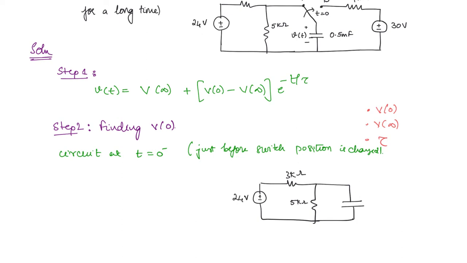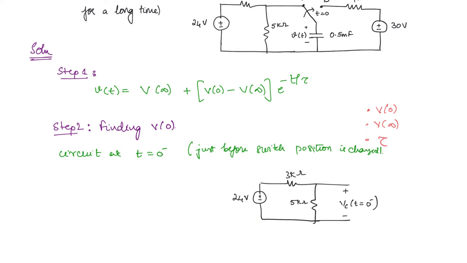Now it is given that the switch has been in this position for a very long time. This actually means that steady state has been achieved before the switch is changed from A to B. So when steady state is achieved, how will the capacitor behave? It will behave like an open circuit. So at steady state you have Vc at t is equal to 0 minus. Now what will this be? This will simply be the voltage across this 5 kilo ohm, which you can find by voltage division.